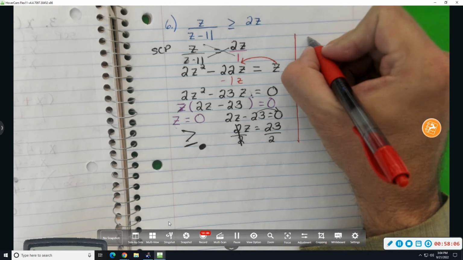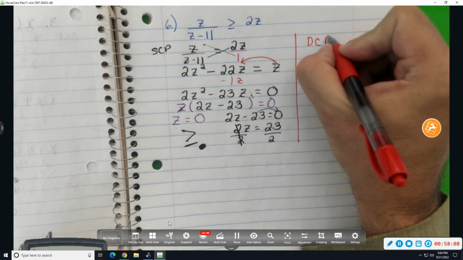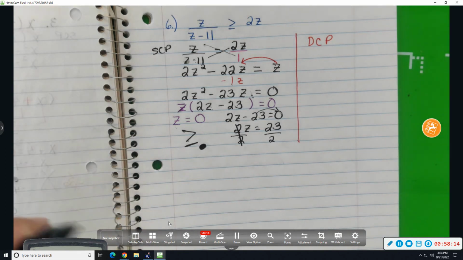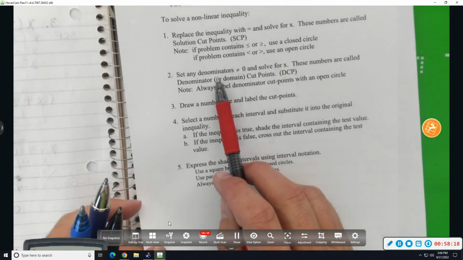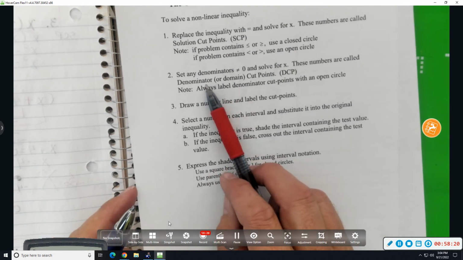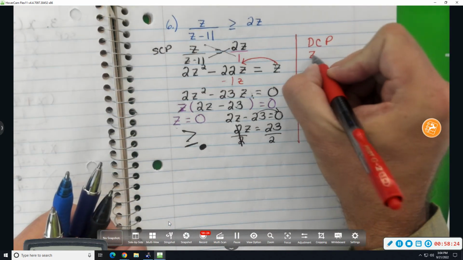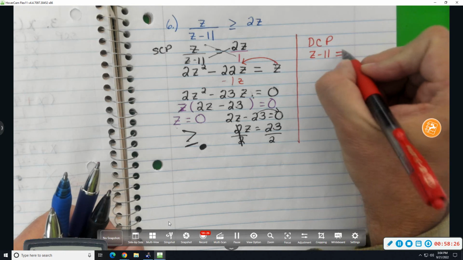Now, let's find the denominator cut point. That's usually the thing that's easier to find. You just say denominator can't be 0. So z minus 11 can't be 0.